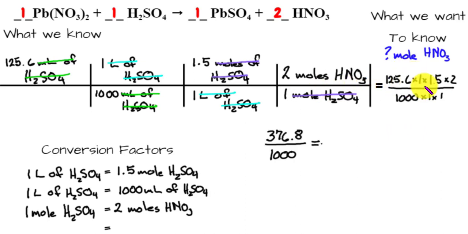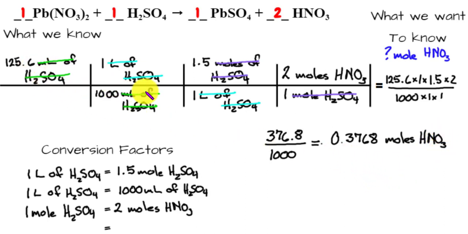When I simplify the top, I get 376.8, and when I simplify the bottom, I get 1,000. Then when I simplify this, I get 0.3768. The units are moles HNO3.